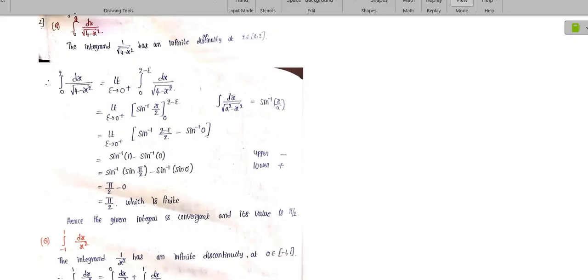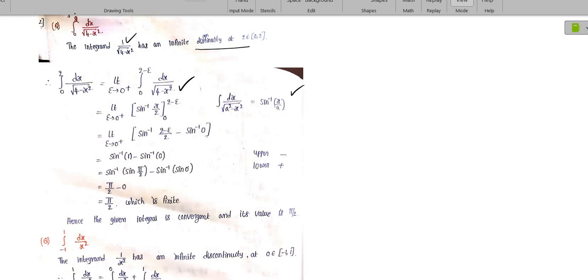That's why at x equal to 2, the given integrand has an infinite discontinuity. That's why I am writing the limit as epsilon tends to 0 plus, with 2 minus epsilon as upper limit and 0 as lower limit. The integrand is as it is.